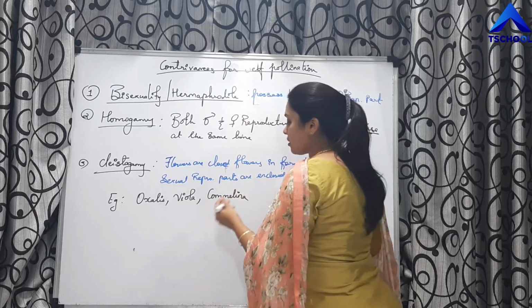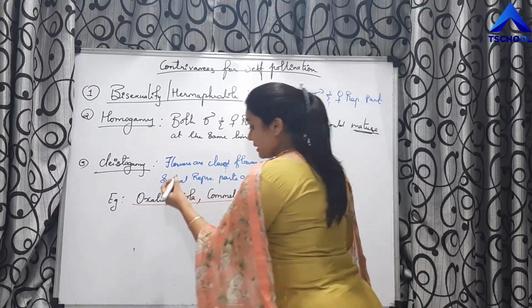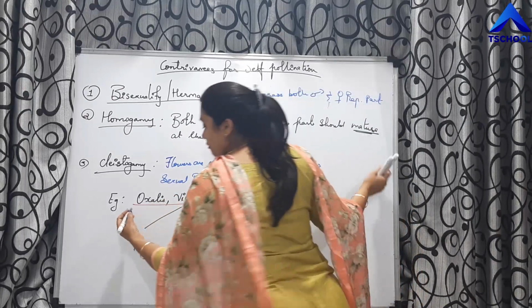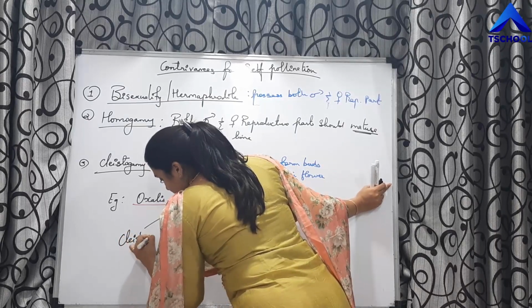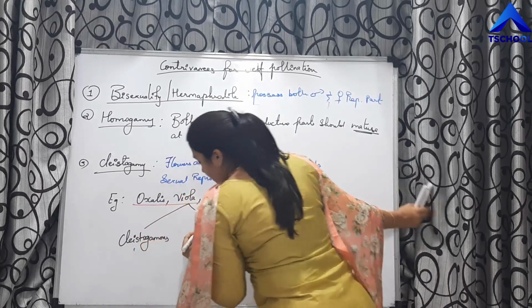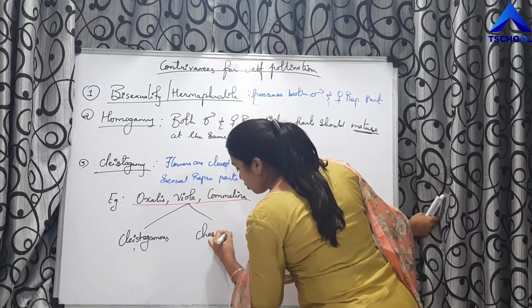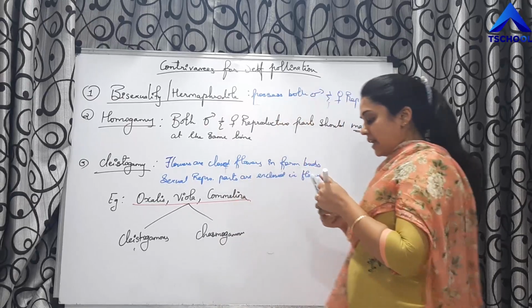This is very important, the examples of cleistogamous flowers. So these plants possess both types of flowers. One is cleistogamous and the other is chasmogamous. So what is a cleistogamous flower?